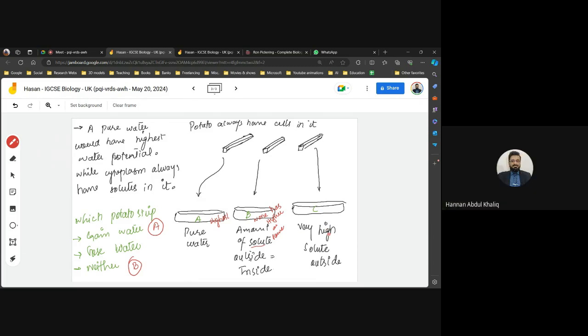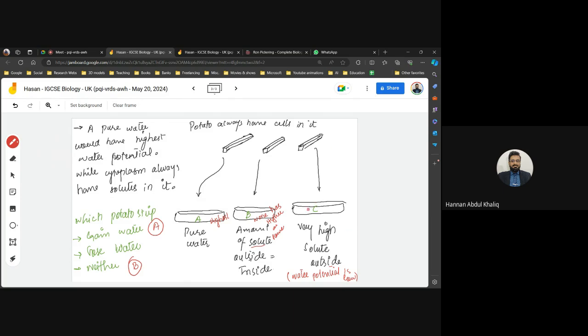C. Very high solute outside. It means that outside, if the solute is higher, the water potential is low.